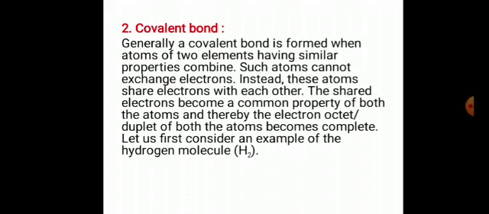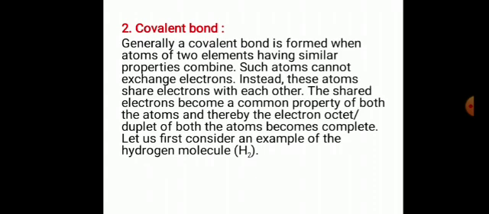Covalent bond is formed between atoms of two elements having similar properties combined. For example, if we consider formation of hydrogen molecule, two hydrogen atoms combine, and the bond which is formed between two hydrogen atoms is covalent bond.